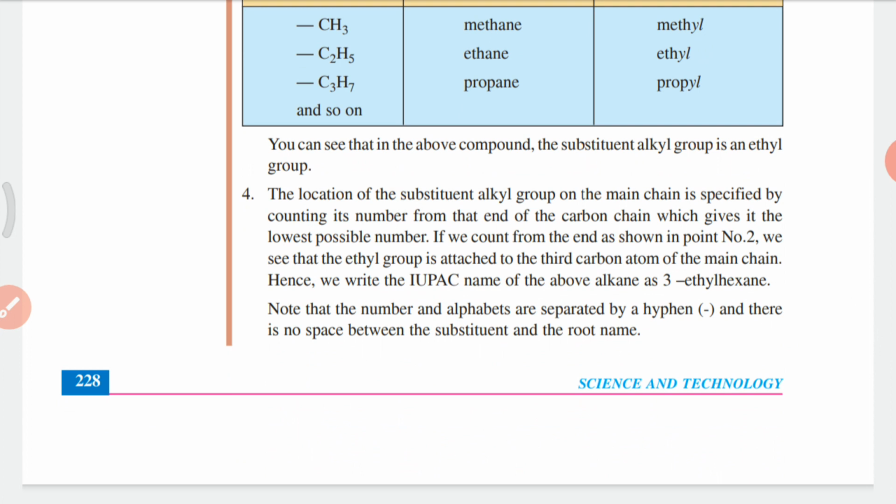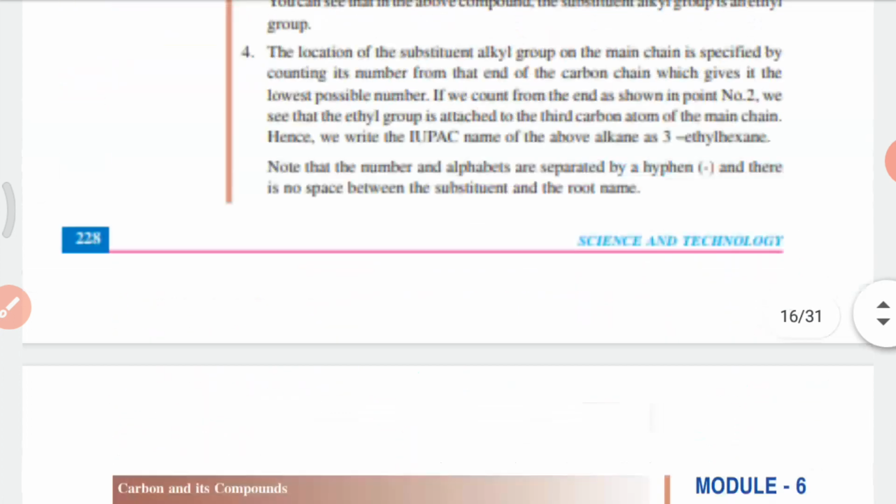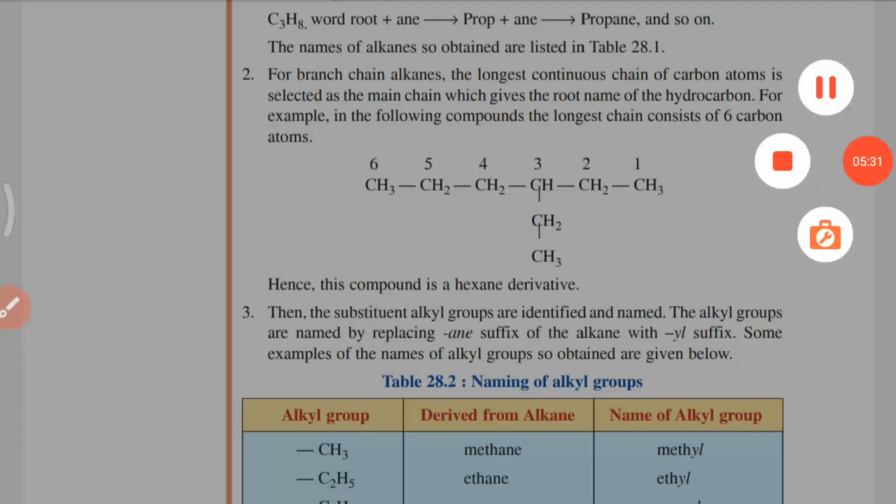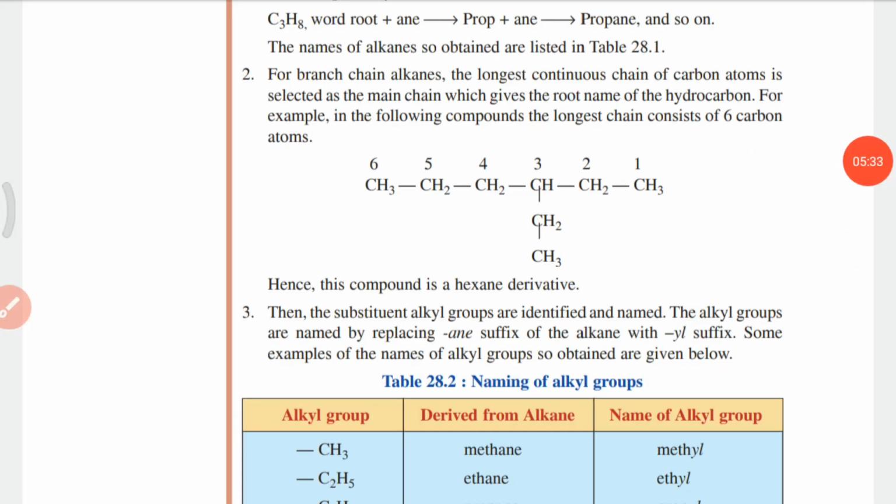The location of the substituent alkyl group on the main chain is specified by counting its number from the end of the carbon chain which gives the lowest possible number. So in our previous example, this compound is known as 3-ethyl hexane, because the attached group contains two carbon atoms, so it is ethyl.